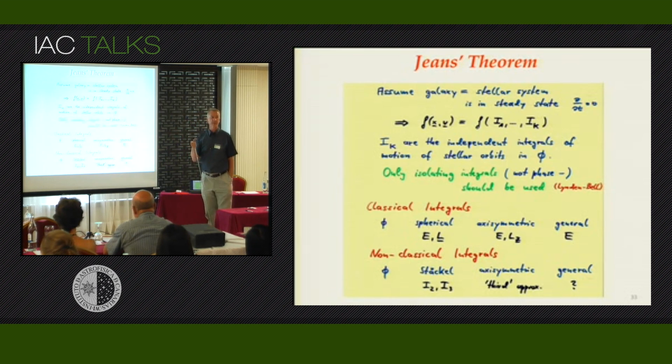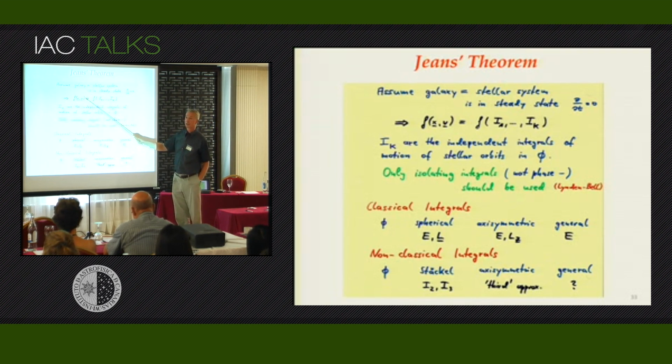So now let's leave the subject of orbits and go to Jeans' theorem. So this is now going back to the theory. We were saying that the distribution function follows the collisionless Boltzmann equation.